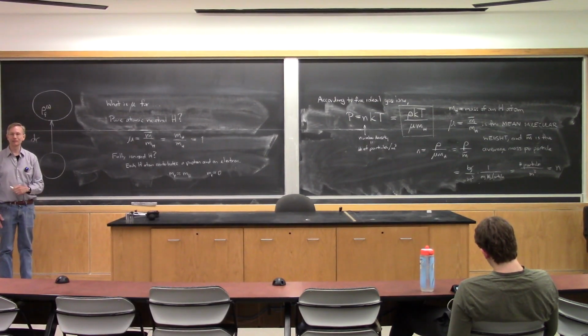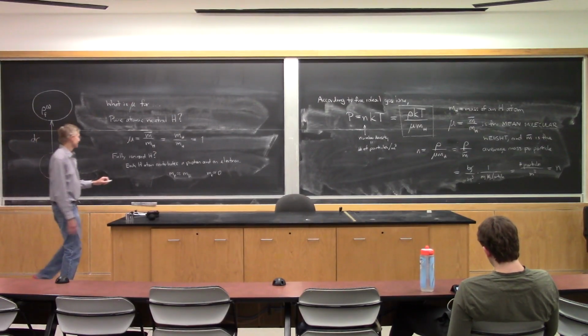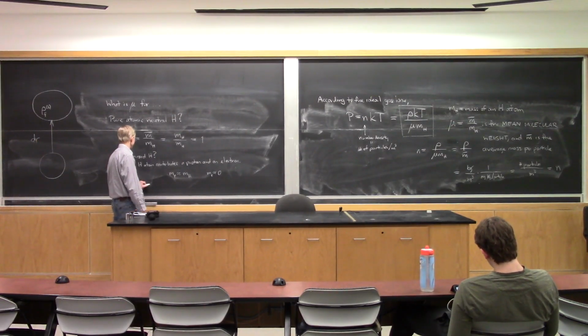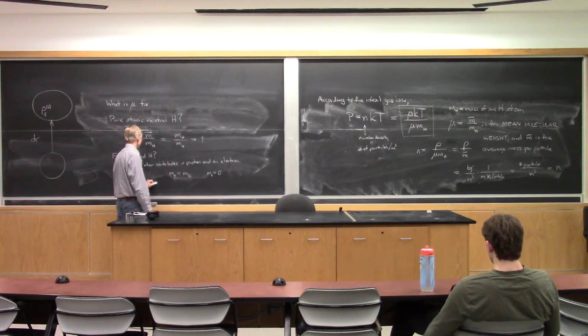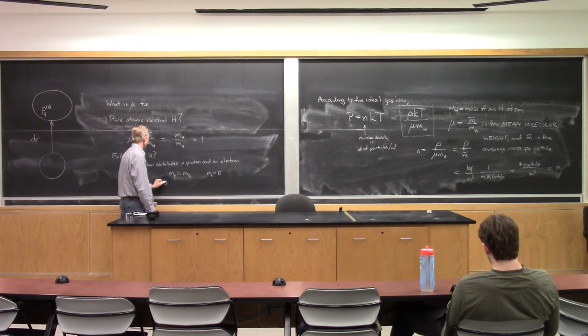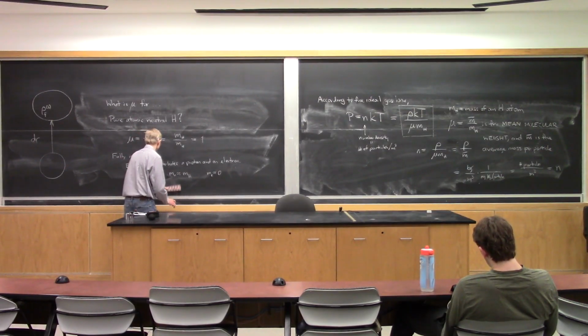To this approximation, mu is approximately the mass of a hydrogen atom plus 0. It's really the mass of a proton plus the mass of an electron divided by the mass of a hydrogen atom.